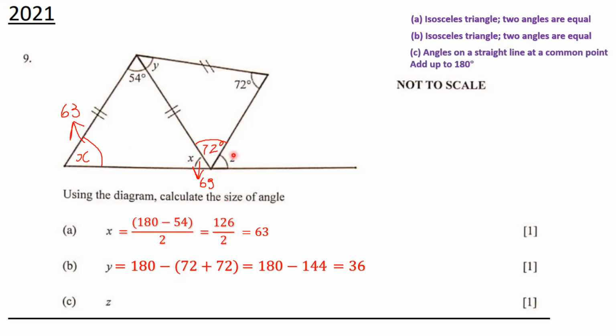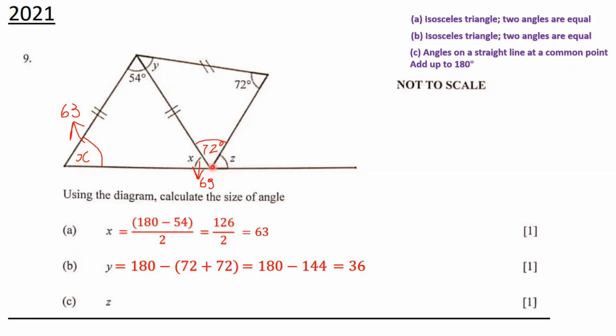Now we need to figure out what z is. And if you look carefully, z is on the same line as x. And if we look here, we have 72 here and we have z. The rule that we're going to use here is that angles on a straight line at a common point add up to 180 degrees.